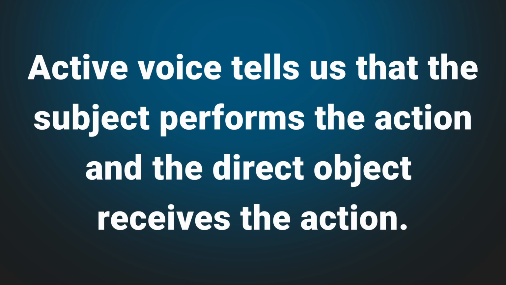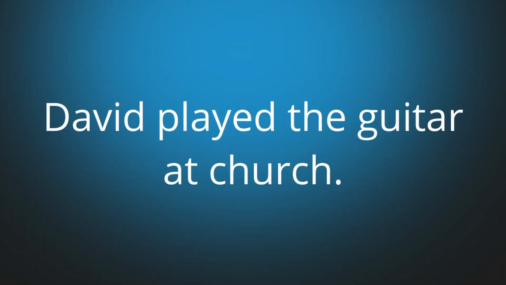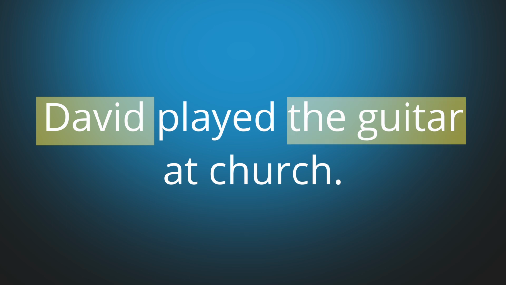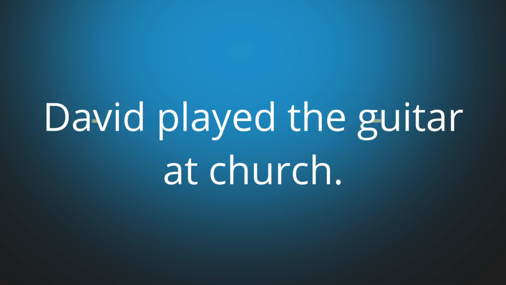Let's look at active voice. Active voice tells us that the subject performs the action and the direct object receives the action. For example, David played the guitar at church. Notice David performs the action and the direct object, the guitar, receives the action.